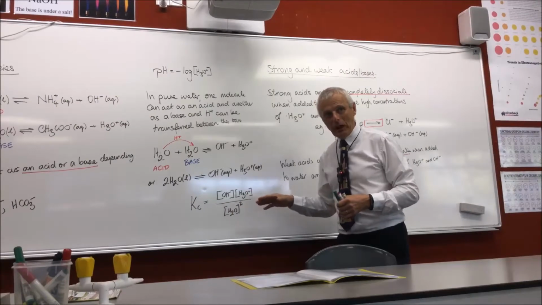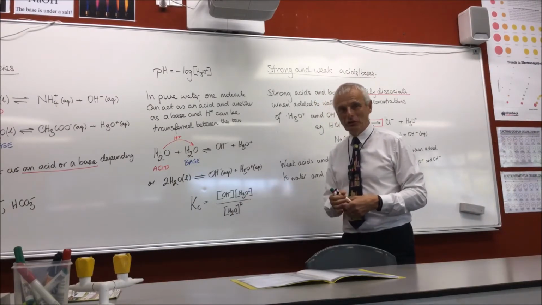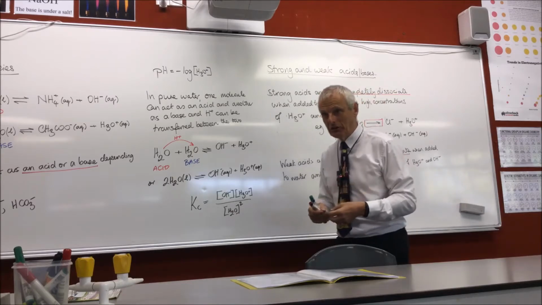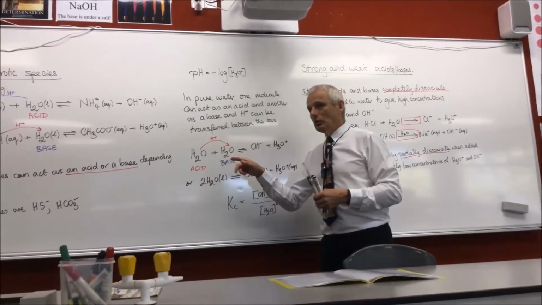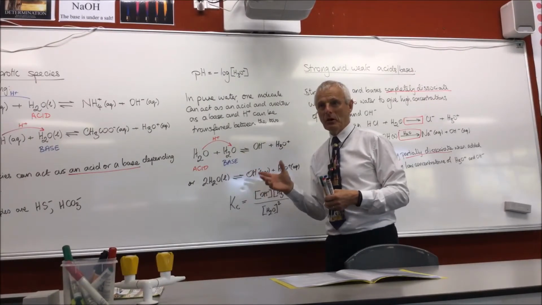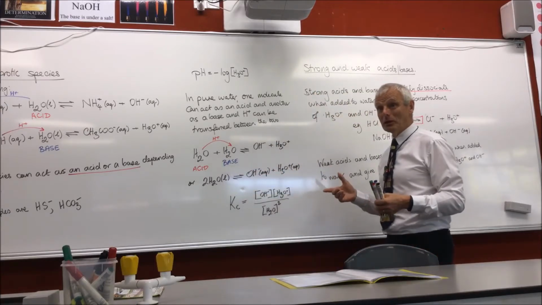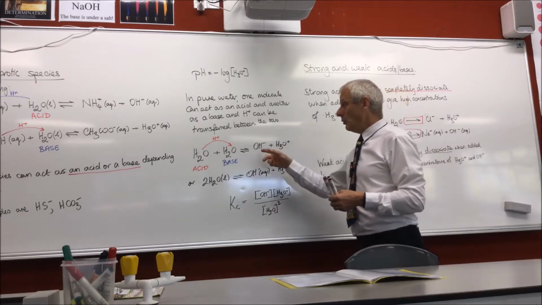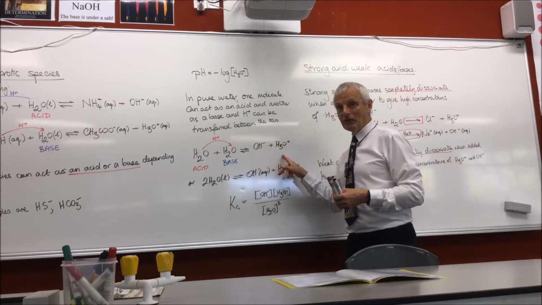Now this is a little bit of maths, so this is going to be a little challenging for one or two people because we're going to talk about the significance of numbers. So if we look at water, 1 litre of water is approximately 55 moles. So the concentration of water is 55 moles per litre. In pure water, these two have a concentration of about 10 to the minus 7 moles per litre.